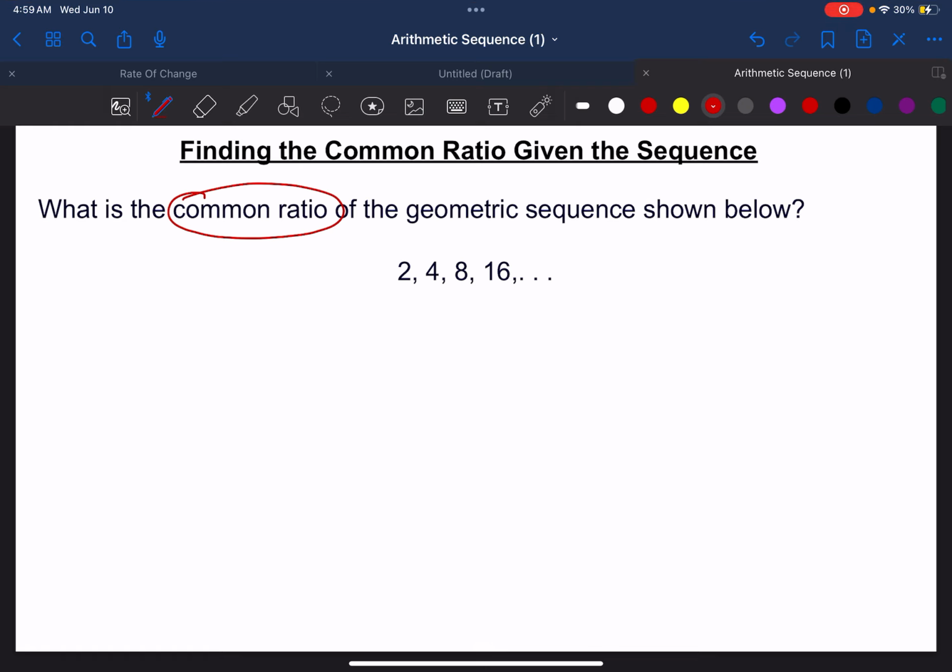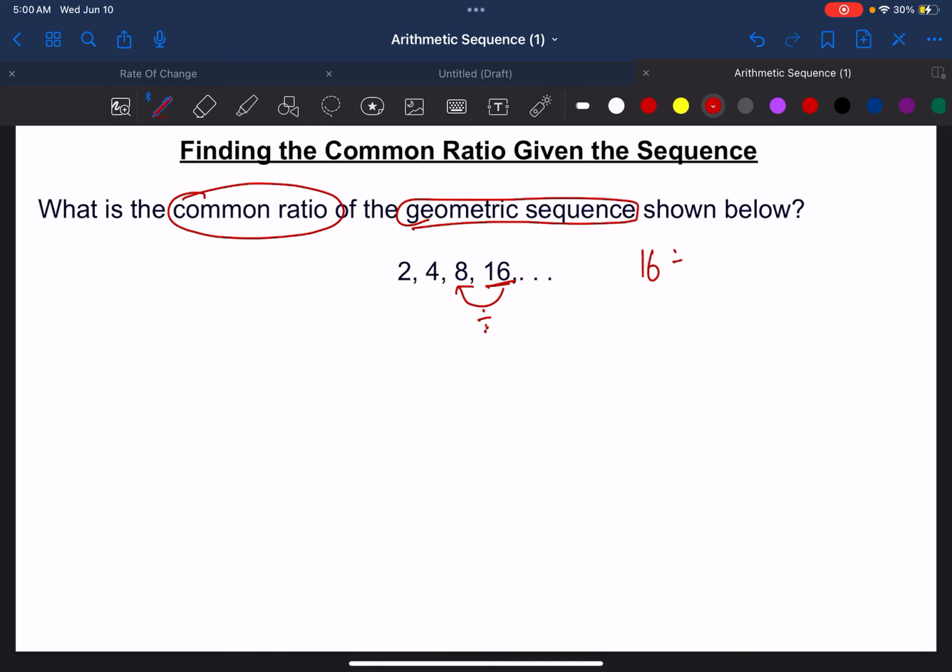This question also told us that it's a geometric sequence. All that this is asking us for is to find the common ratio. So when you're just being asked to find the common ratio, all you have to do is, starting at the last number, divide by the one before it.